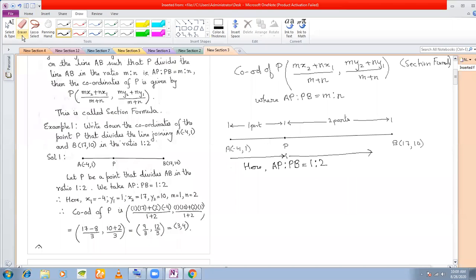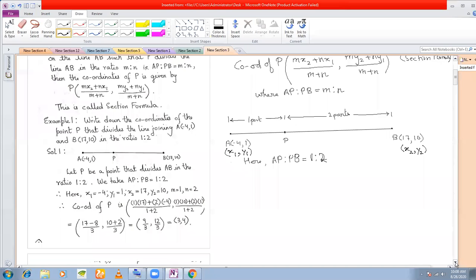When we are doing this, then remember, when we are starting from A, we would like to take this one as our x1, y1, and this one as our x2, y2. So if we are starting from A, then we will take A as our x1, y1 and B as our x2, y2. I will show you the second case also.